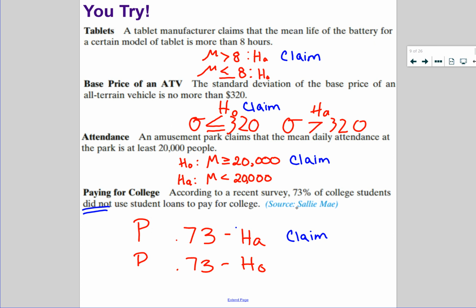So 73% is, and the rest are not, I guess is the way to say that. So actually, our claim is the null hypothesis, that it is 73% that did not use it. So the alternative, sorry, would be the other one there. That one's a little tricky.